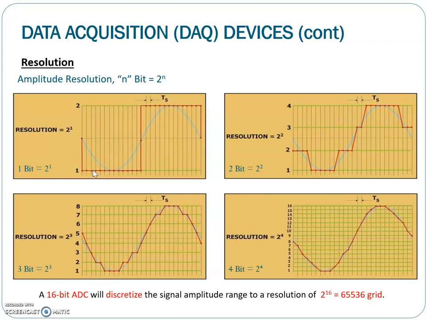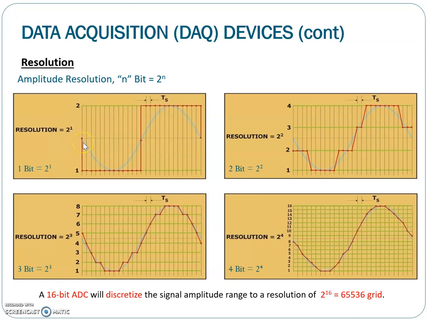When we have an amplitude resolution of 1 bit, it discretizes the amplitude axis, or the y-axis, into 2 to the power of 1, or 2 grids. It means when we have an analog or continuous sine wave, it can only discretize into 0, 1, -1.